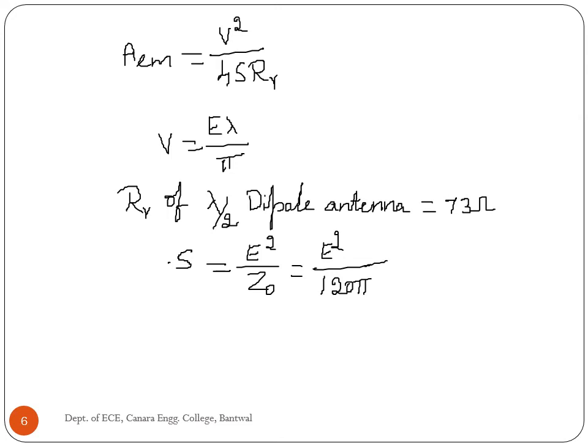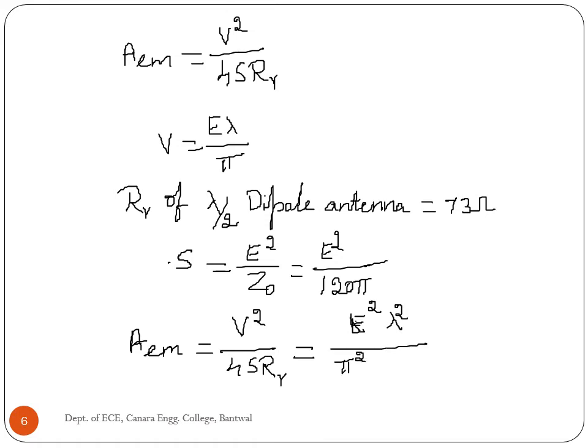So now substitute V, RR, radiation resistance and Poynting vector S in the maximum effective aperture equation, V square divided by 4 S RR, which is equal to E square lambda square divided by pi square into 4 into S, where S is E square divided by 120 pi, multiplied with the 73 ohm radiation resistance.